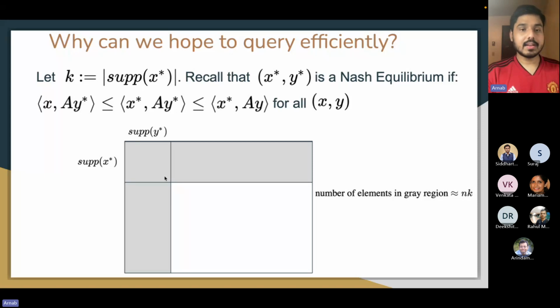And the relevant elements are roughly of the order n times k. So if only n times k elements are affecting the Nash equilibrium, then it might be the case that you need some n times, say, polynomial of k to find that Nash equilibrium. This is indeed going to be the case in our talk.